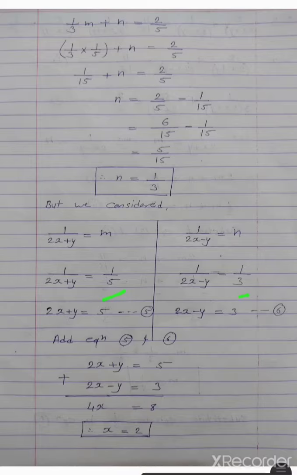Again, just invert so that we will get these equations. Now again observe both equations. Both equations are in two variables and their powers are also the same, that is 1. So this equation number 5 and equation number 6 are again linear equations in two variables.